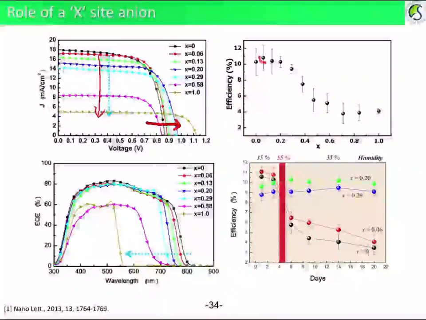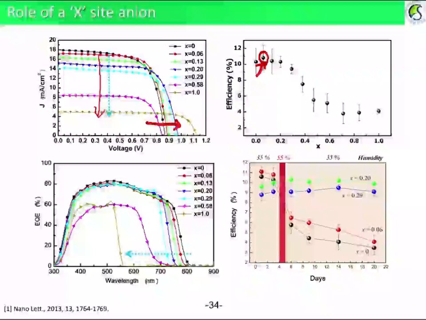And you can see that with a certain amount of bromide incorporation, we can get the optimum power conversion efficiency. And the increased band gap can also be confirmed from the EQE spectrum.